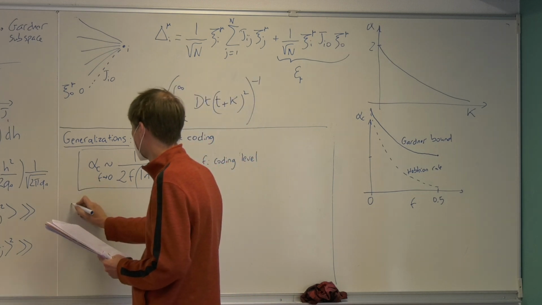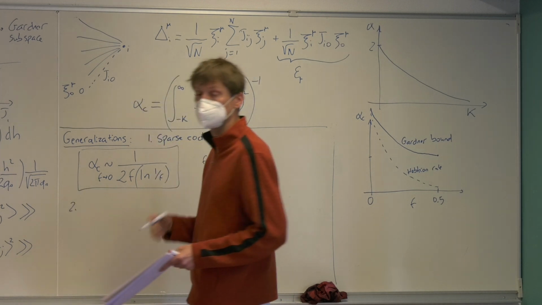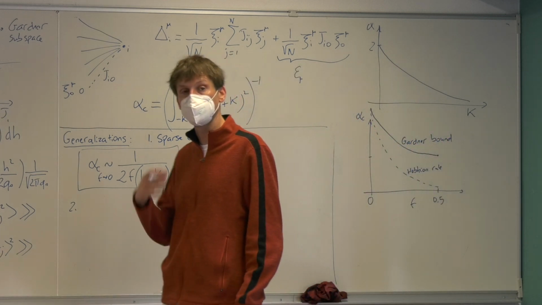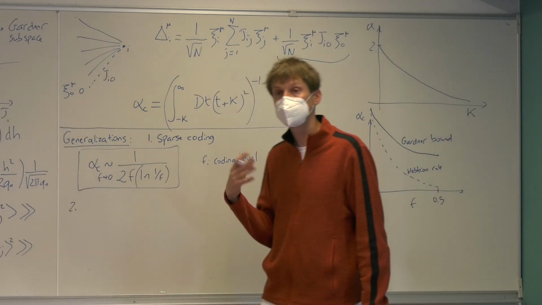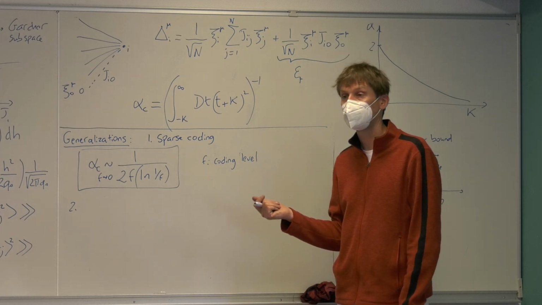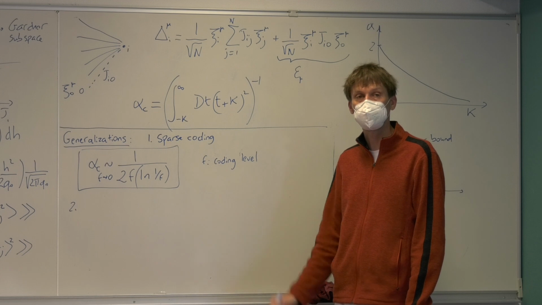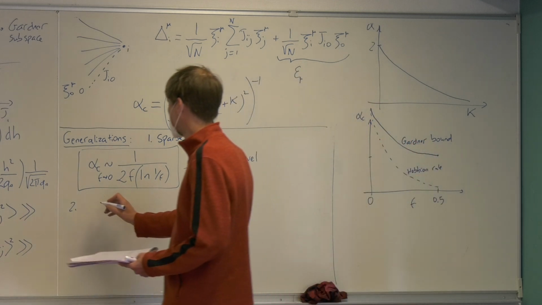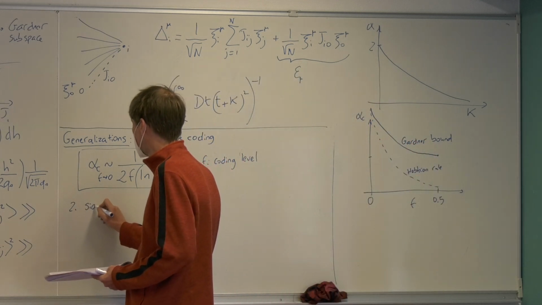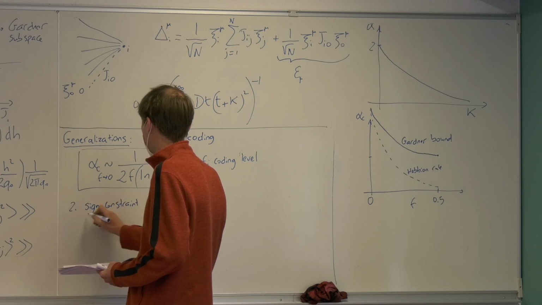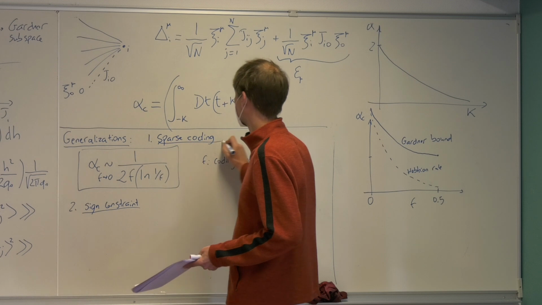Second generalization, what about adding some constraints on weights? So something I told you during the first lecture, but then we forgot about it, is that real synapses are sign constrained. They are either excitatory or inhibitory, but they can't change sign during the learning process. Okay? And so what happens now if you add these sign constraints on the weights?